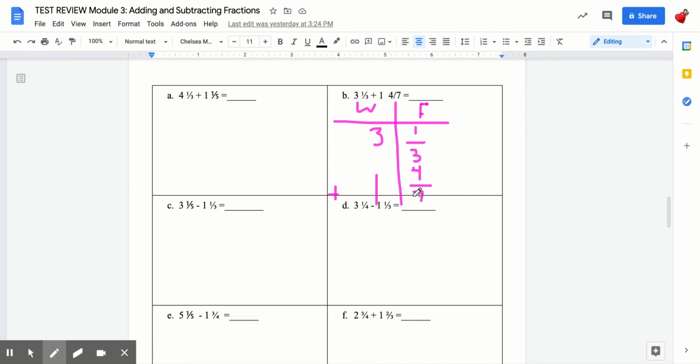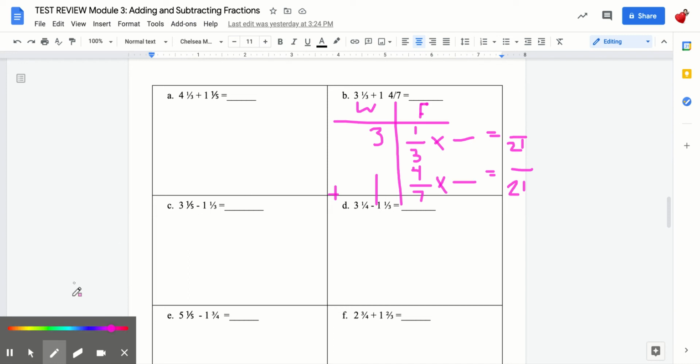And just like when I was adding my regular fractions together, it's going to be the same thing. I need like units. And like we discovered in the last problem, thirds and sevenths, I'm not going to go through all the trouble right now. We know that the best units are 21sts because we just found those in a different problem.